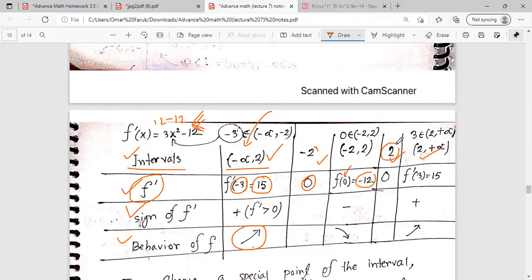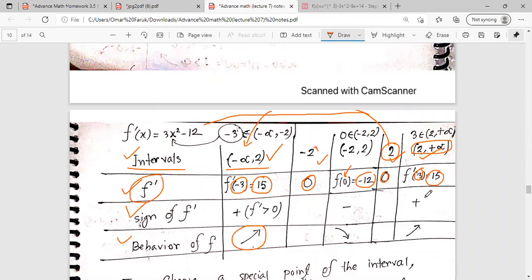And if this is 2, then substitute this 2 here. You will get 12 minus 12, you will get 0 again. And we have 2 comma plus infinity. So for example, we just take 3 here. So we get 15. So 15 is also a positive number.